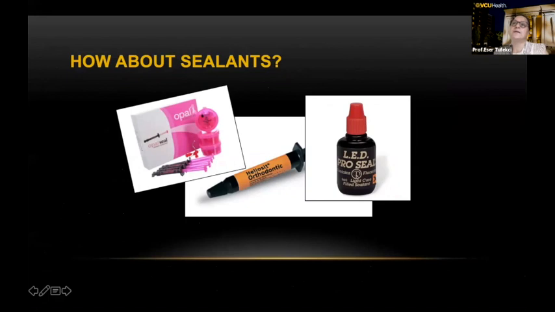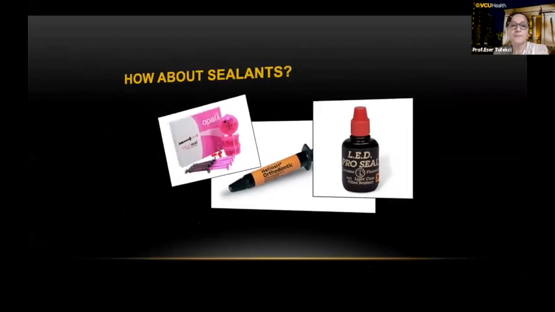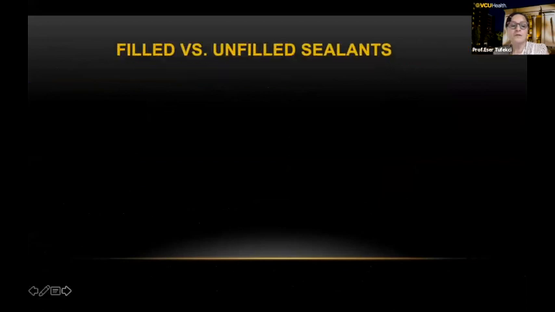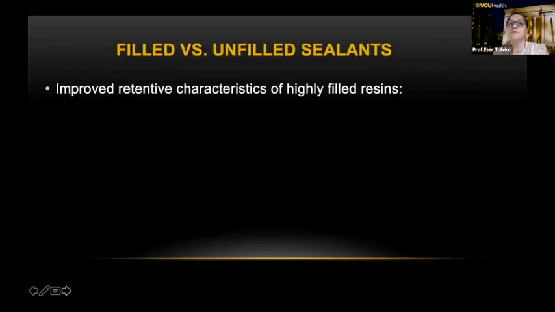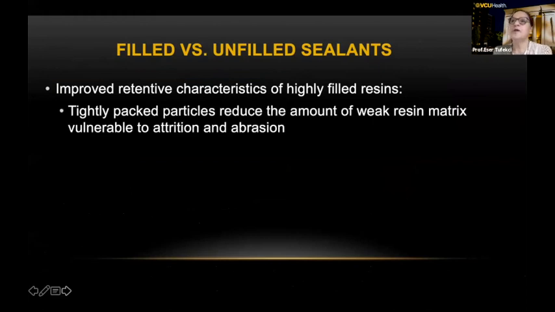How about sealants? Because now we have sealants. One of them is Opal Seal. Currently, the companies market their products saying that the new generation sealants are better than the first generation sealants, because now the sealants are filled.